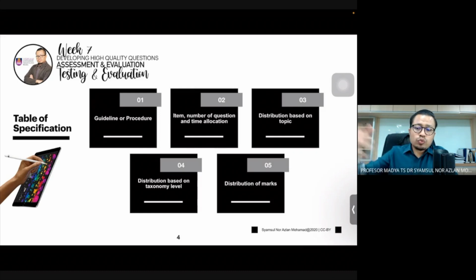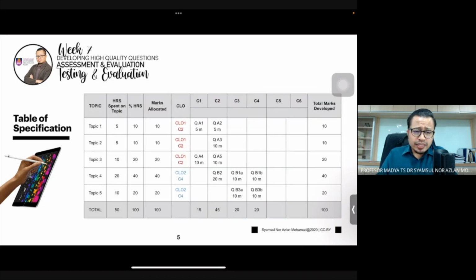And this is where, as I mentioned in the previous video, we should know what kind of complexity has been embedded into this table of specification, because we want to know the distribution of the taxonomy levels and how we can distribute the marks, to make sure we come up with a complete test, not only covering the topics but also providing the students with good questions with appropriate taxonomy and suitable marks. And of course, these are the simplest examples of a table of specification.